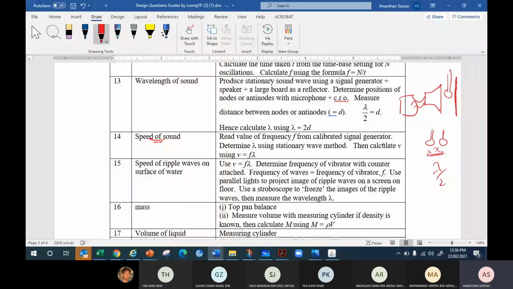The distance x between two nodes is half lambda. So you can use V equals f times lambda to find the speed. Frequency you get from where? Frequency you get from the signal generator. So you can find the speed of sound. So everything in this list, you have to go and read it.